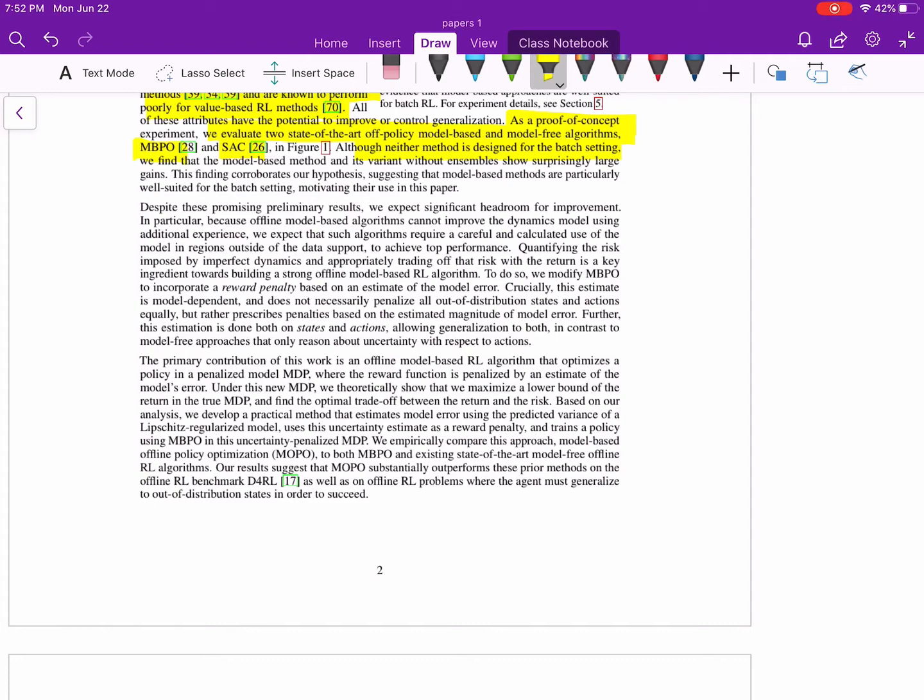Offline model-based algorithms cannot improve the dynamics model using additional experience. Yes, that is the requirement. We expect such algorithms require careful and calculated models in regions outside the support to achieve this. That is, we are moving away from the support of the data set. So to do so, we modified MBPO to incorporate a reward penalty based on the estimate of the model error.